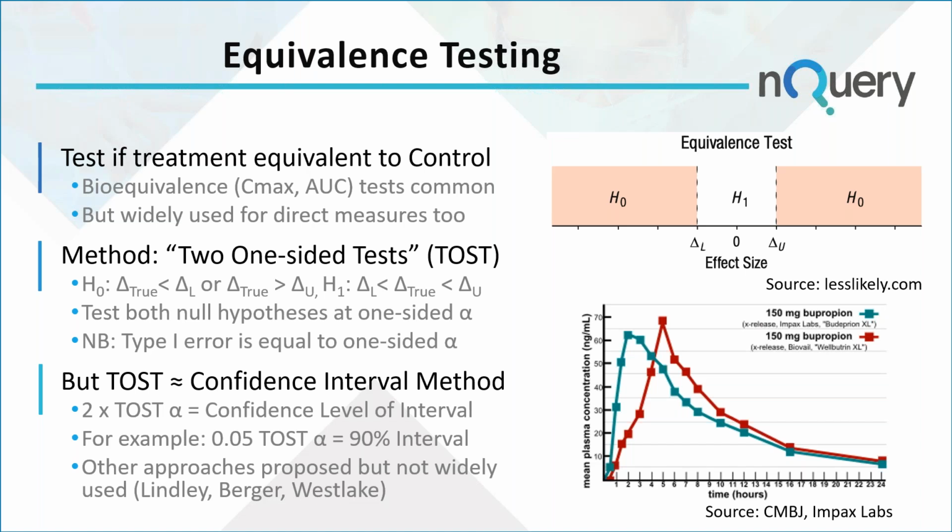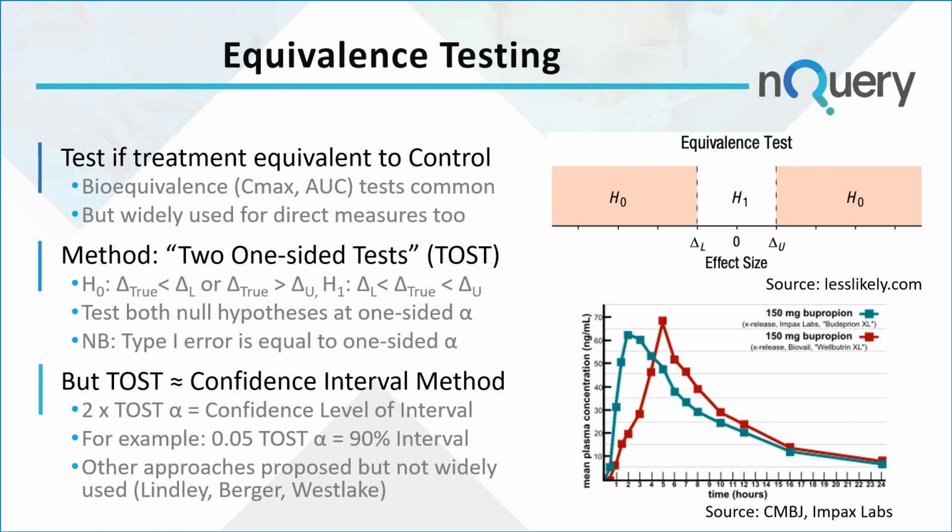And because we're looking at an indirect measure in bioequivalence studies, we're looking at the concentration of the drug, or maybe the active part of the drug, in blood concentration. We're not looking anymore at the direct effect of the treatment. We're not looking, does it decrease mortality? Does it decrease blood pressure? Does it increase other measures that we want to increase?